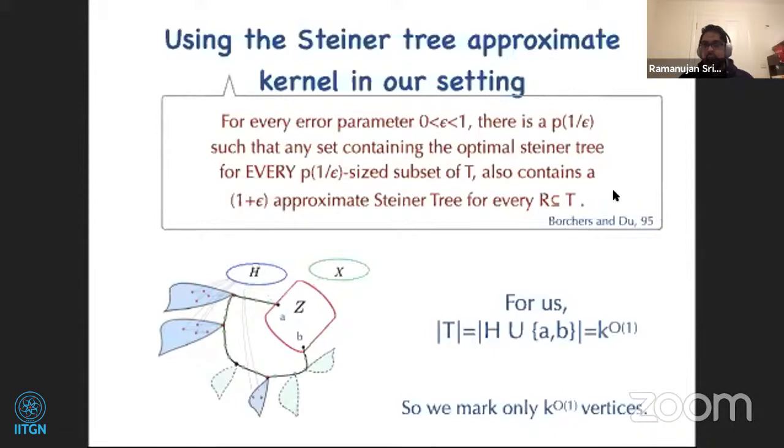So there is a way to come up with a subgraph that contains a 1 plus epsilon approximation. And the useful thing is that the subgraph can be constructed by just going over constant sized subsets of terminals, and for each constant sized subset, build an actual optimal Steiner tree, which we can do in polynomial time.